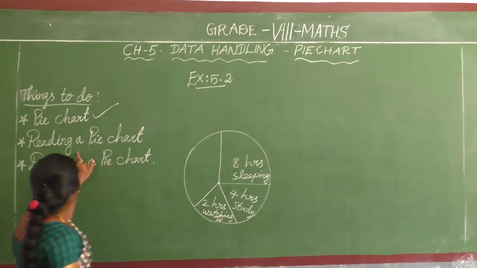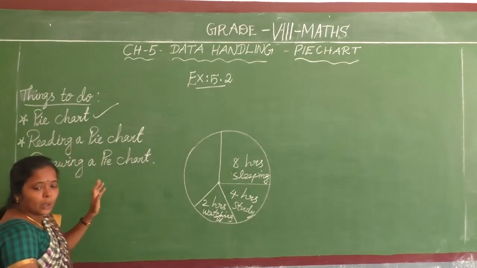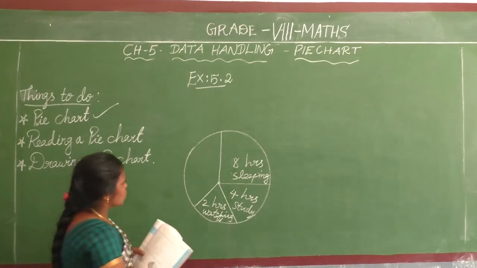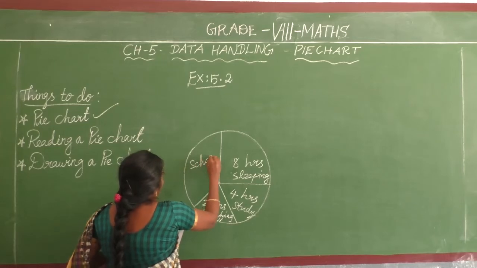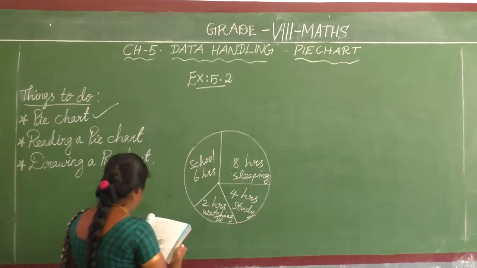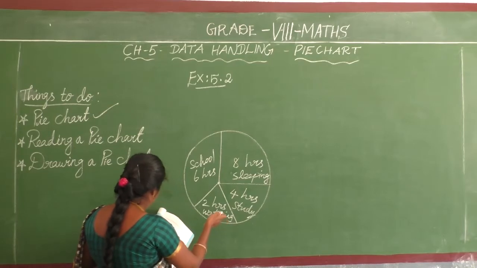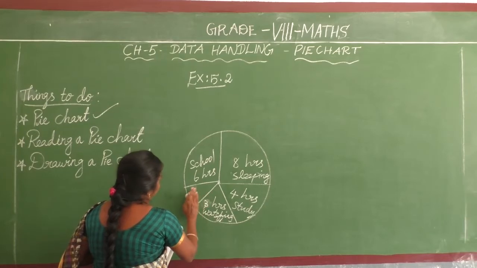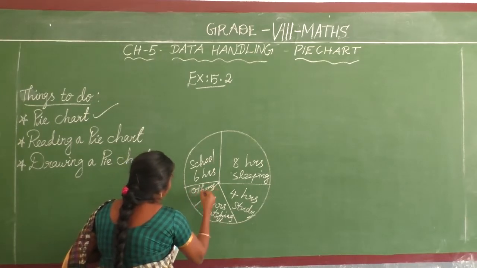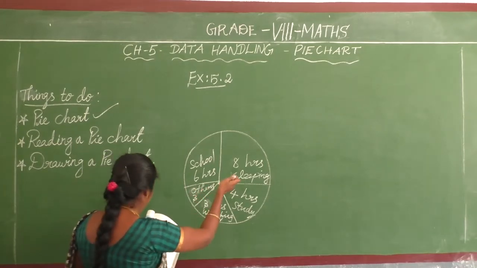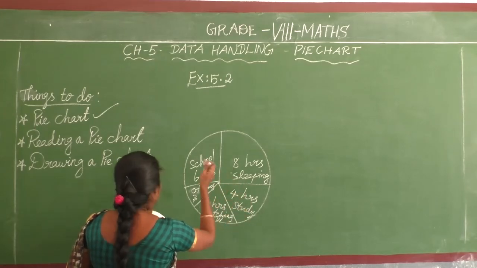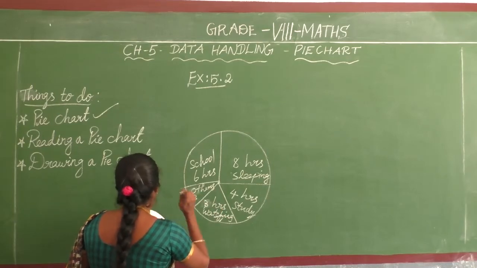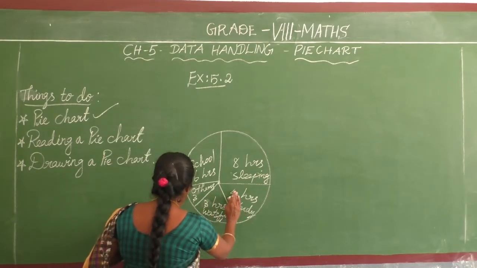Now the second thing I am going to teach you is how to read a pie chart. For example, I have taken sleeping 8 hours, school 6 hours, watching TV 3 hours, others 3 hours, playing 6 hours.